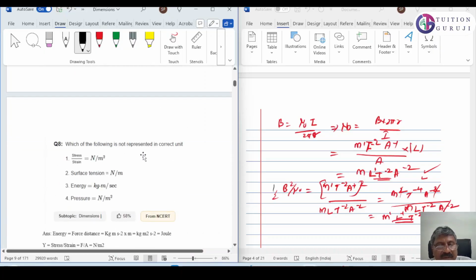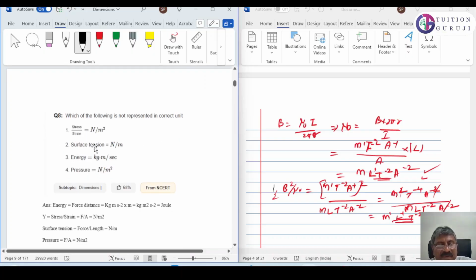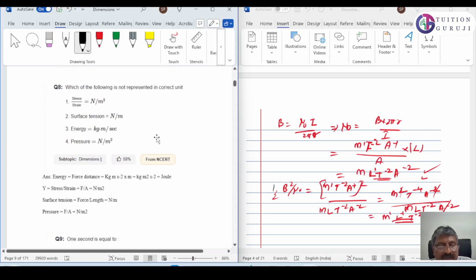Which of the following is not represented in the correct unit? Stress by strain: strain has no unit, and stress is equal to pressure, which is force by area, so Newton per meter square is correct. Surface tension is force by length, Newton per meter.